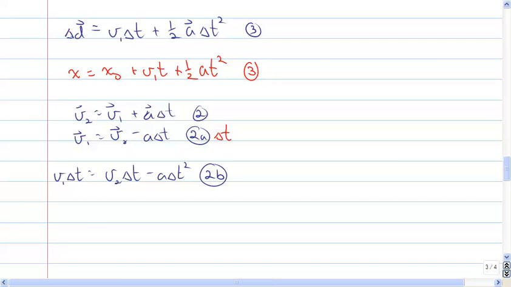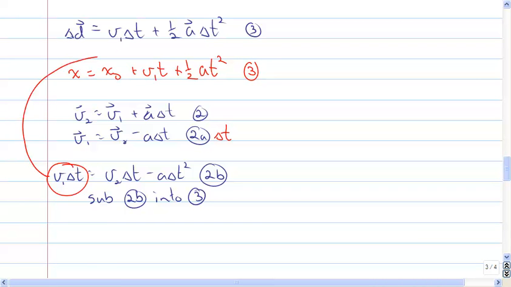And then I'm going to substitute equation 2b into equation 3. I hope that writes up. Wherever I see V1 delta T, I'm going to put it up into equation 3.